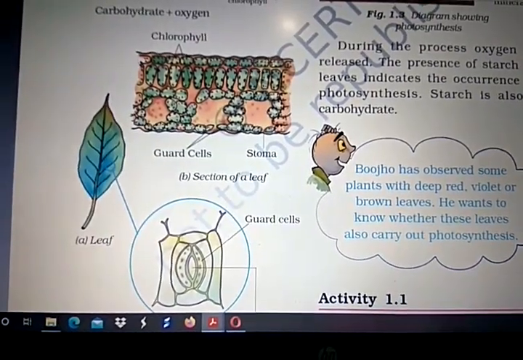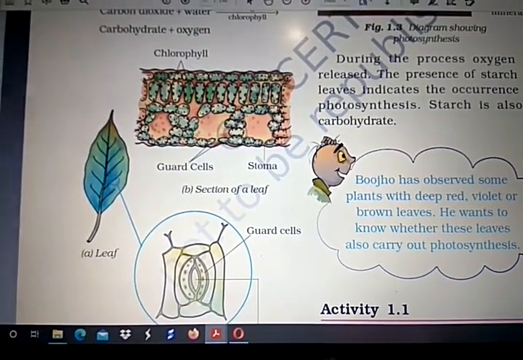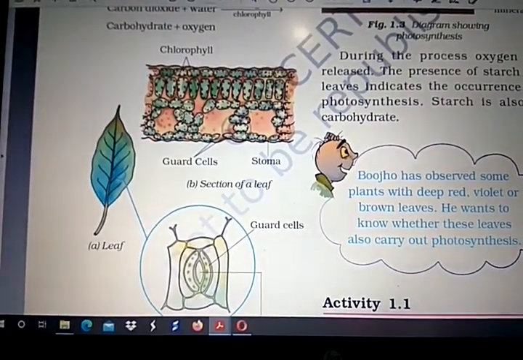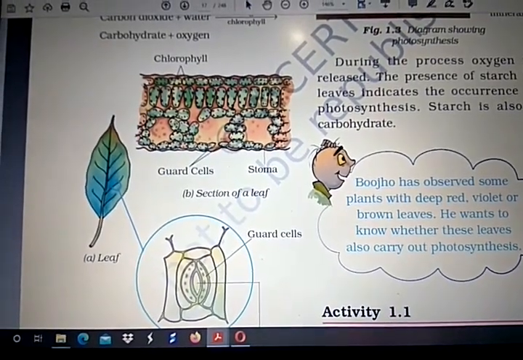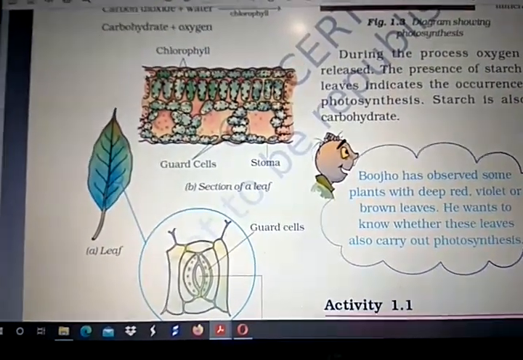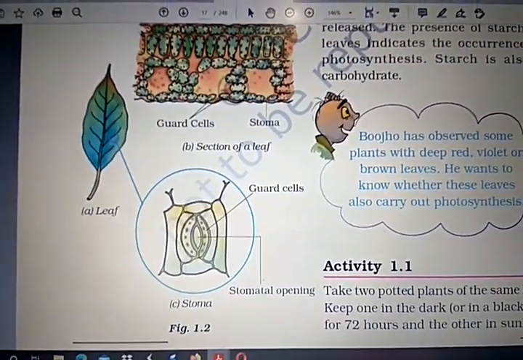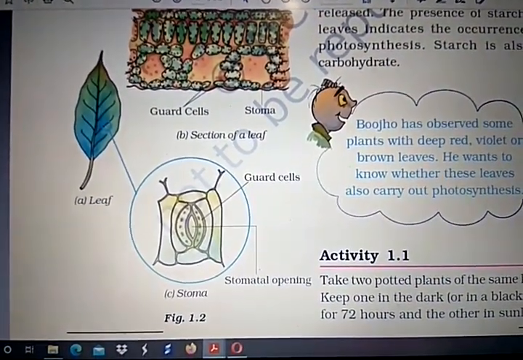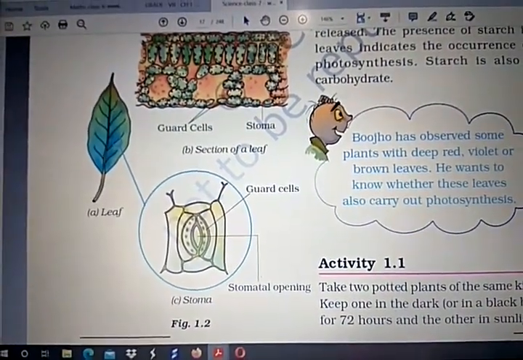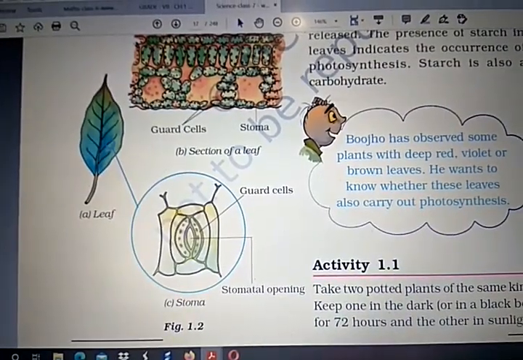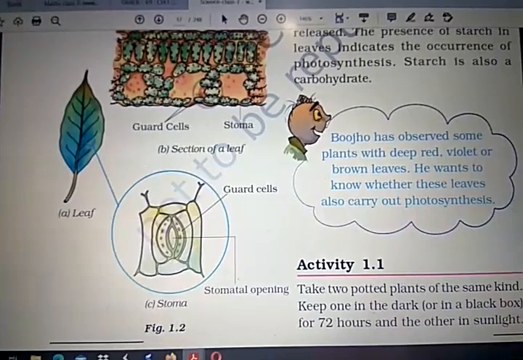If you cut the leaf horizontally, you can find on that surface, in the circled region, guard cells, and that hole is known as stomata. Here you can find the stomatal opening surrounded by guard cells. If you cut the leaf, you can find these types of figures.